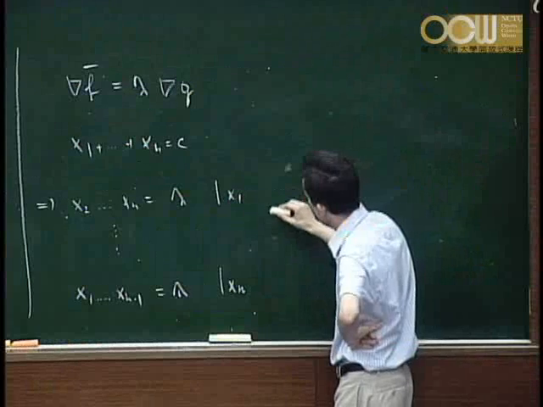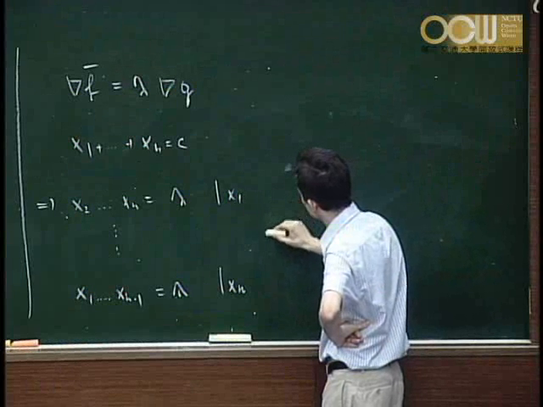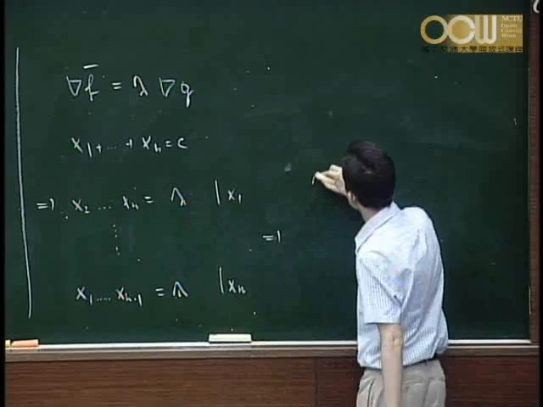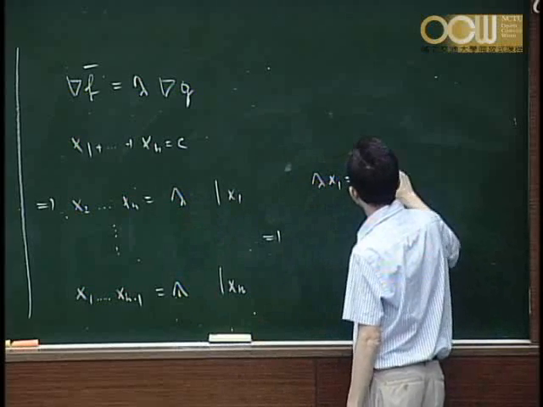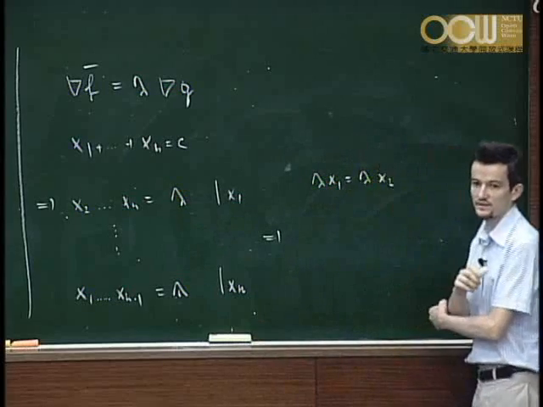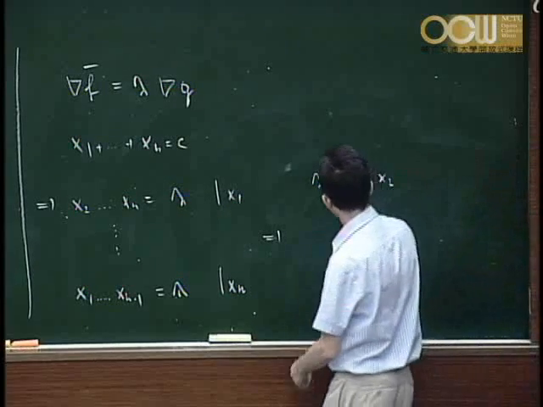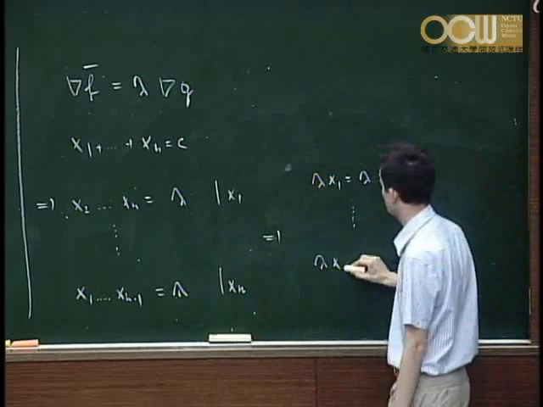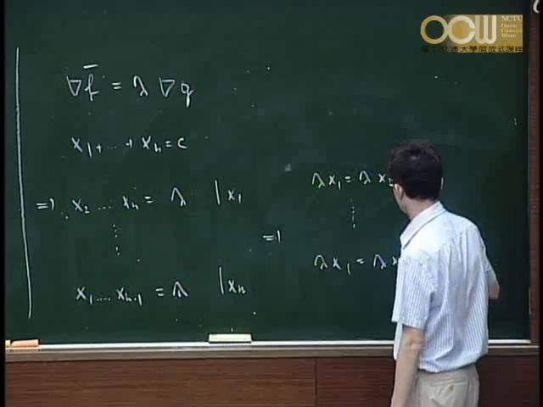Now, this will give you new equations. From the first and second you will get lambda x1 is equal to lambda x2, and you go up like this. The last one gives you lambda x1 is equal to lambda xn.